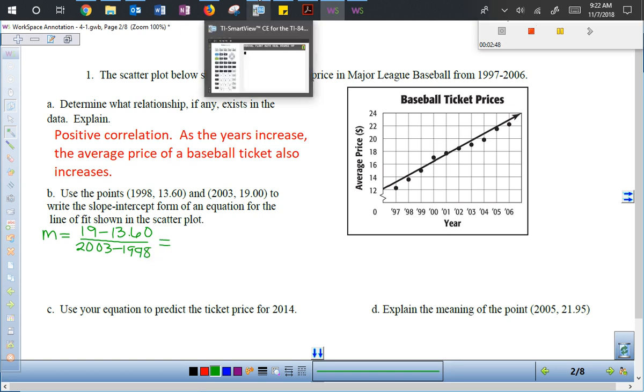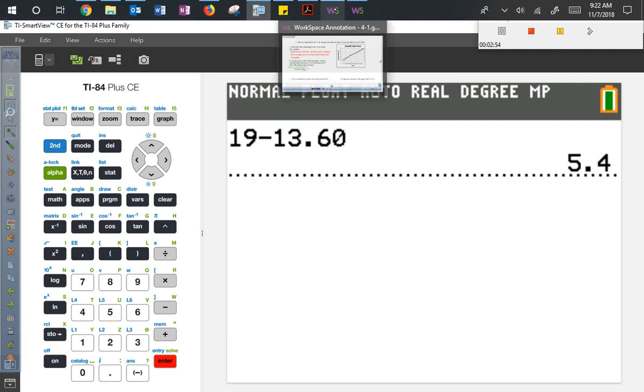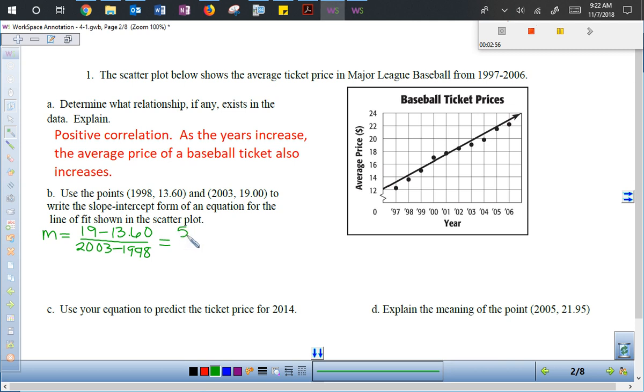So if we get out our calculators, I'm going to take 19 minus 13.60, and I'm going to get 5.4, but since we're dealing with money here, that's $5.40, over 2003 minus 1998, which we should know is 5 years. So that's saying that it has been increasing $5.40 on average in 5 years.